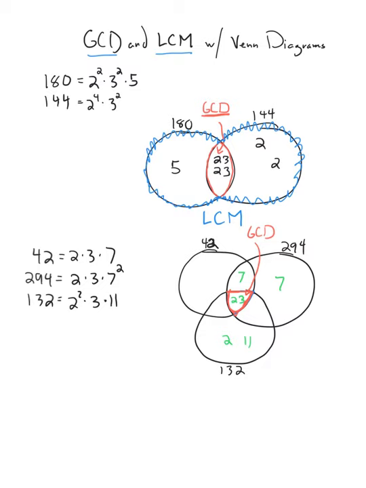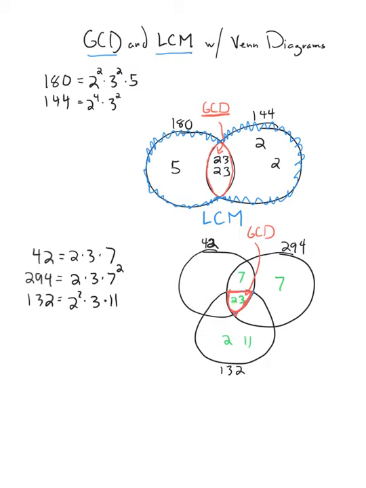And you can see, maybe I'll just point this out, that if I multiply all of the prime numbers in each of these circles, I obtain the number that each circle represents. 2 times 3 times 7 is 42. That's all the numbers inside this circle. 2 times 3 times 7 times 7 are the prime factors of 294. If I multiply 2 times 3 times 7 times 7, I get 294.